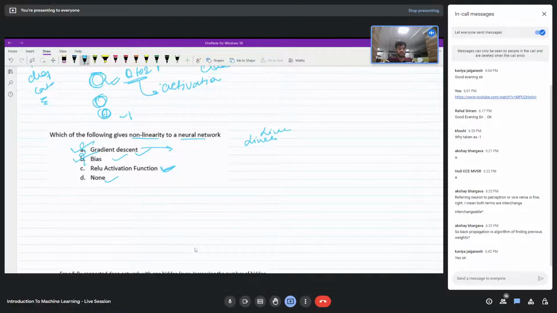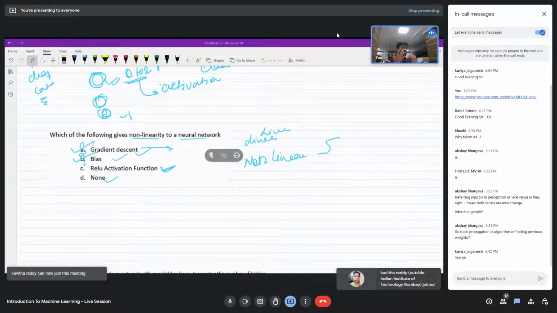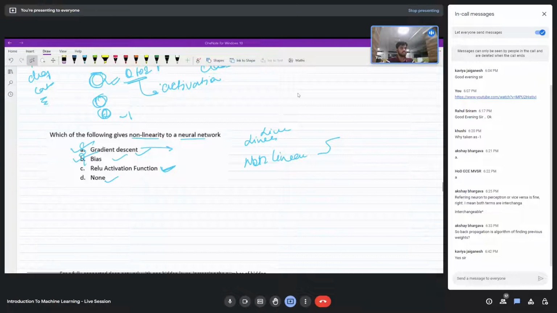So your non-linearity comes due to probably two main reasons. Gradient we are using in logistic, no? Yeah, in logistic also you use it, and in logistic also, if you are not using any transformation, then again it's just a linear thing only, right? You get a linear decision boundary only in logistic regression also. So your non-linearity arises due to two reasons. First is your choice of activation function.